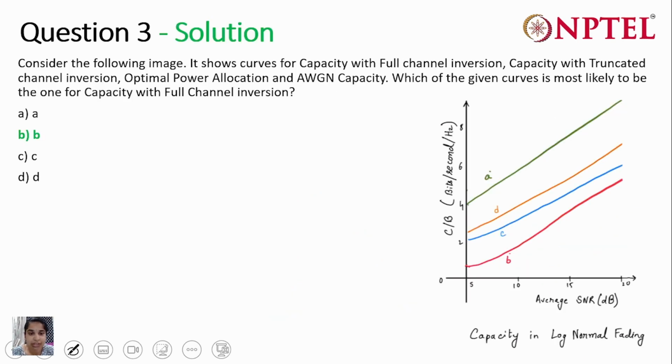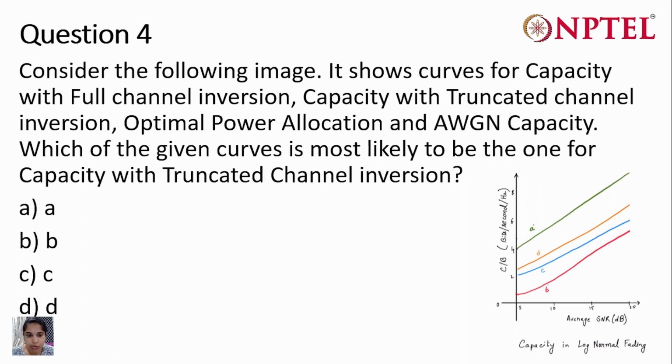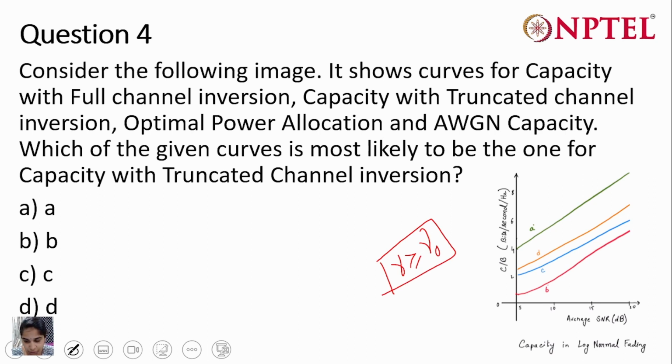The answer is B. On similar lines, which of them will be capacity with truncated channel inversion? When you do channel inversion for channels whose gamma is greater than or equal to gamma naught, it is actually much better than the one with complete or full channel inversion.